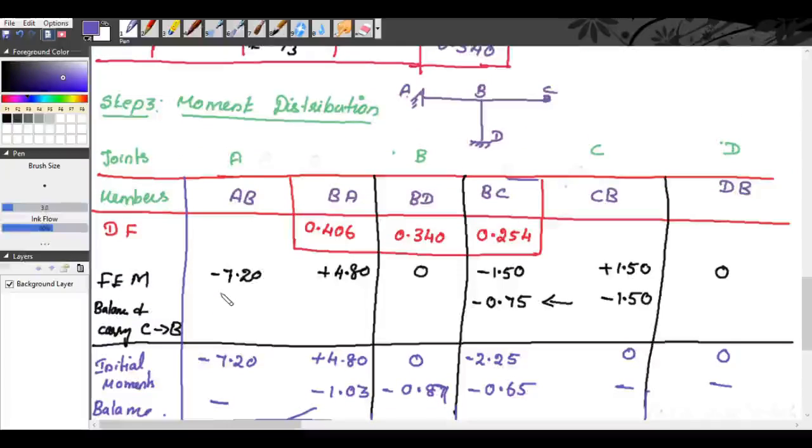Now you take BC, the far end is hinged, so no carryover. C is already balanced and carried.